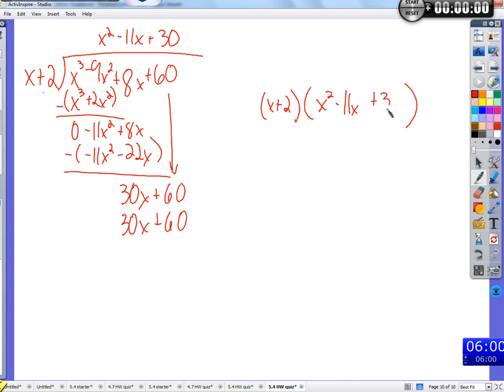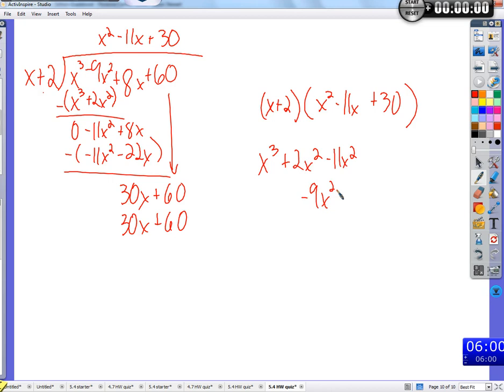So if we put a plus 30, we reverse engineered this factor that we need. We got the x squared, so that x times x is x cubed. That was great. We needed an x cubed. But when we multiply the x squared times 2, we get the 2x squared. And we wanted negative 9x squared. So our idea was, well, we'll put a negative 11x here, so that negative 11x times x gives us the negative 11x squared, so that these two combine to negative 9x squared.